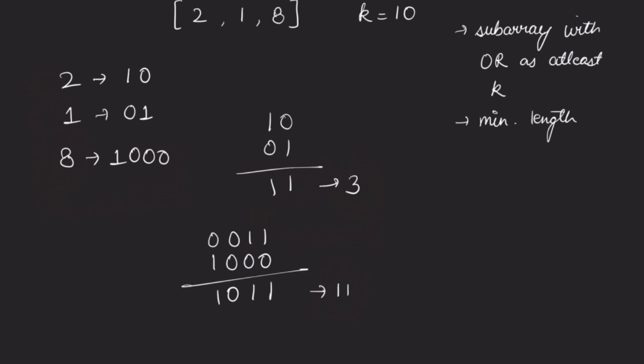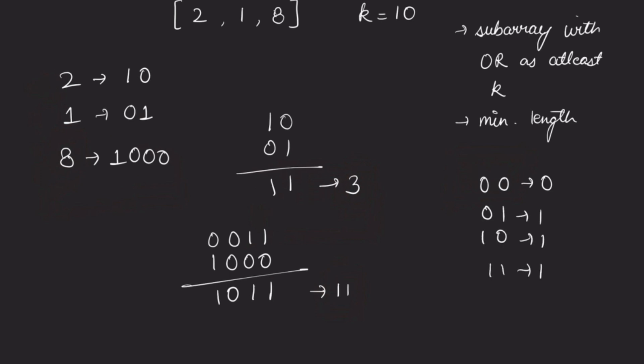So whenever we do the bitwise OR of some numbers, the resulting OR is always greater than or equal to the elements we are doing the bitwise OR of. Why? Because of how a bitwise OR works. Whenever the two bits are 0, it gives 0. Whenever one of them is 1, it gives 1.